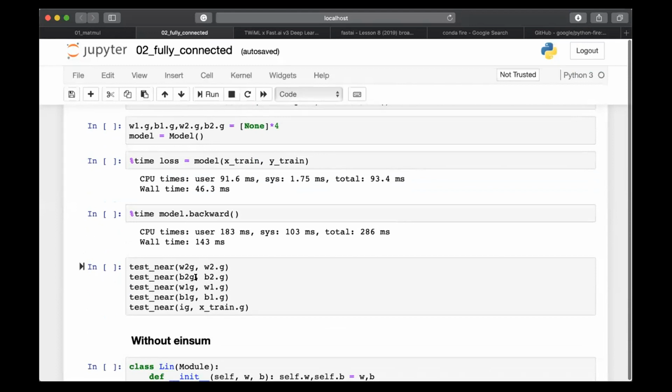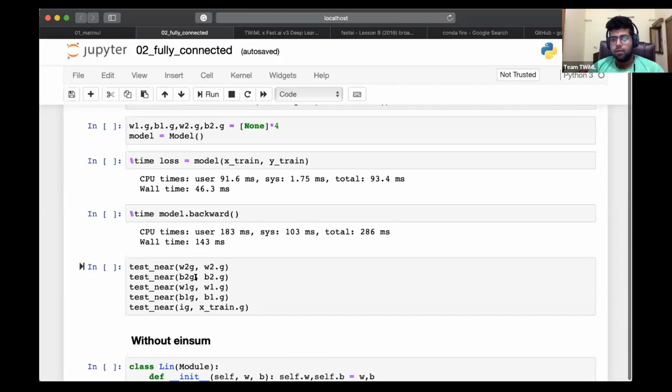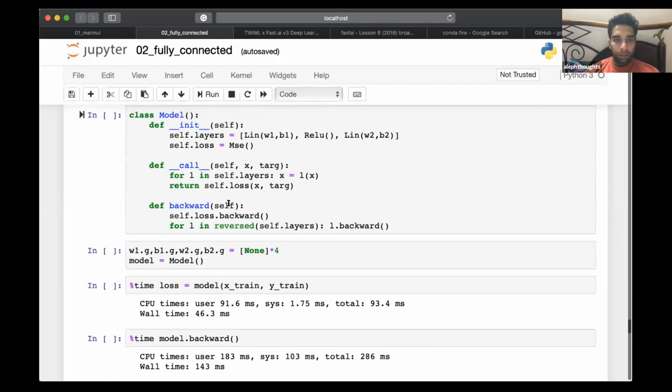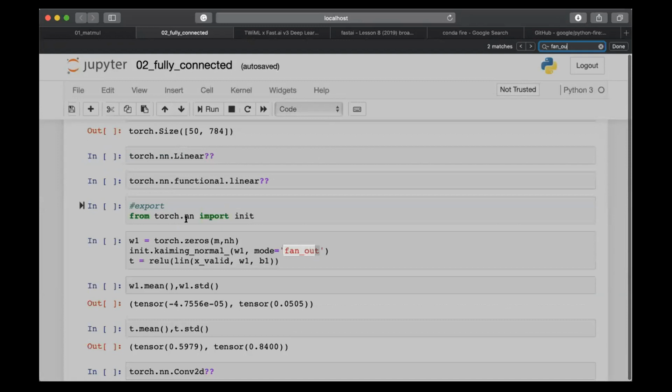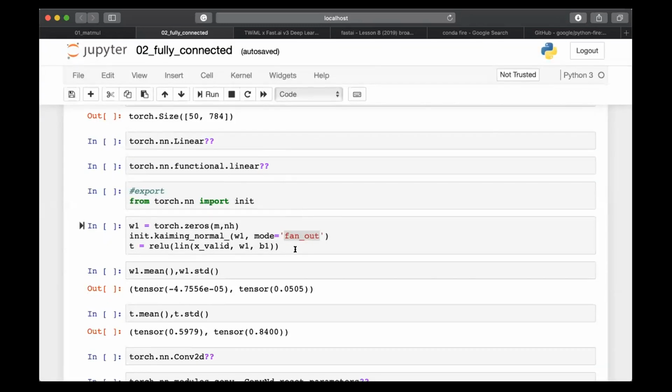I think it cited some article by Matthew Klein-Smith; I don't remember the name. I think choosing fan out is the mode. Yeah, that part. Will you just explain the fan out one again?